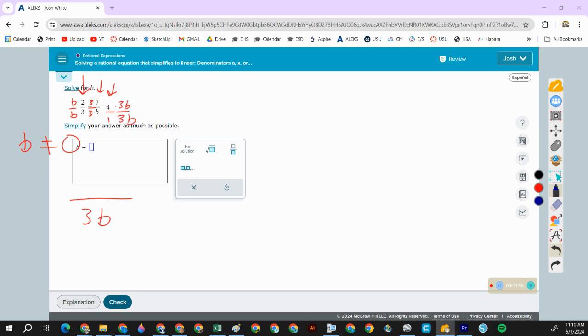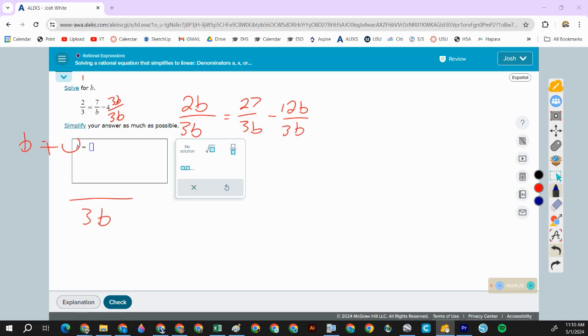So when I write this all out, I get 2b over 3b equals 27 over 3b minus, so I did 3b over 3b here, minus 12b over 3b.